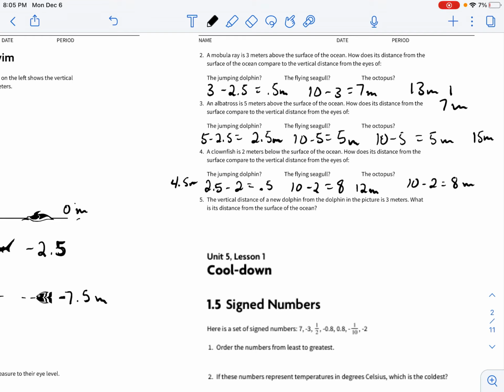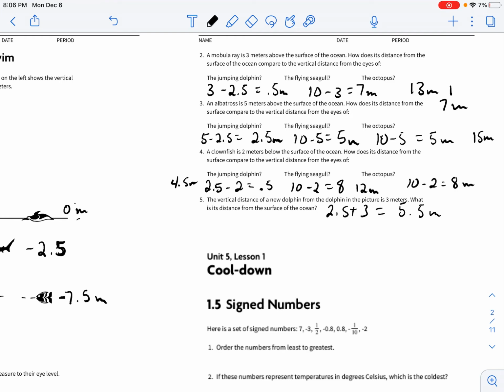So now this is an open-ended question. If it's 3 meters higher, then that would be 2.5 plus 3, giving you 5.5 meters above the ocean. If it is below the ocean, let me read that again.